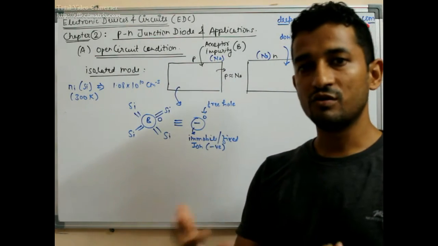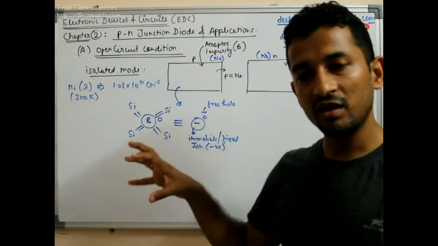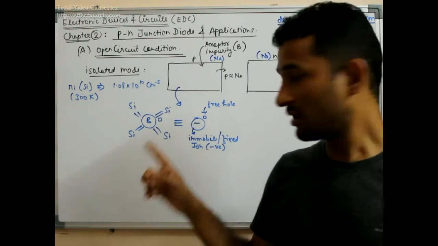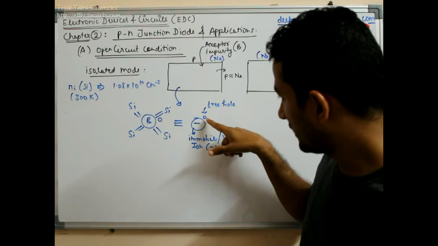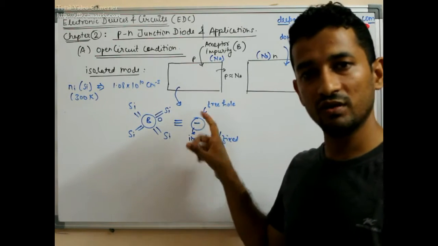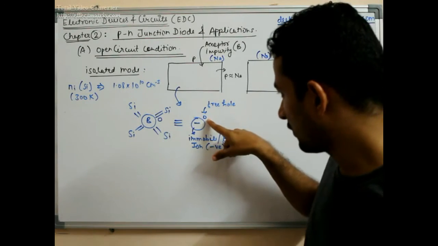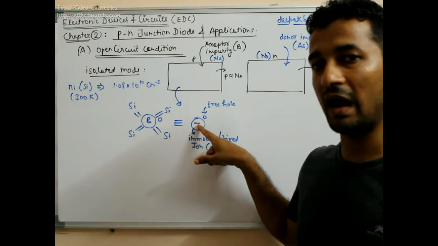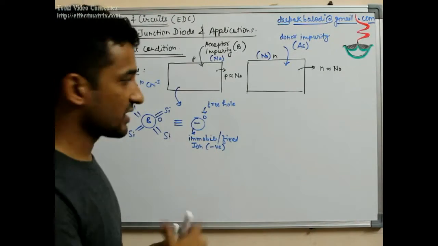So when it contributes a free hole like boron, then the remaining boron atom is considered to be a negatively charged ion. So we always draw this free hole in the neighborhood of that ion in order to understand that this hole was provided by this atom or ion. So okay, this is a shortcut to understand.